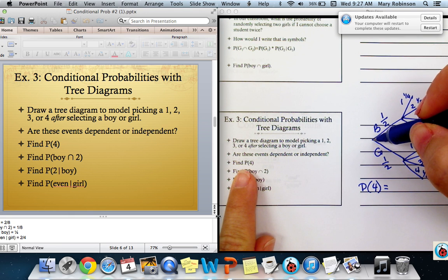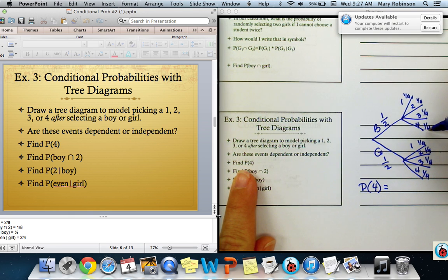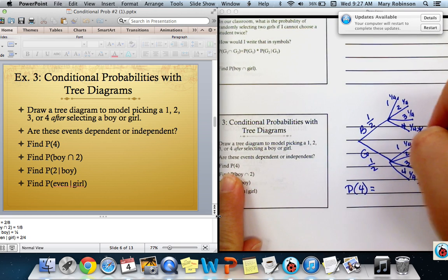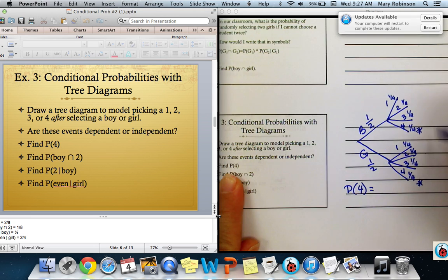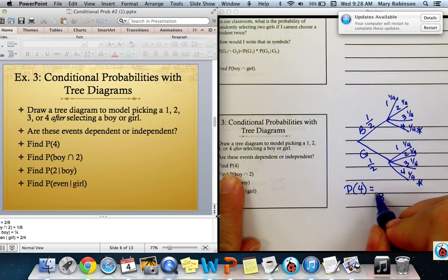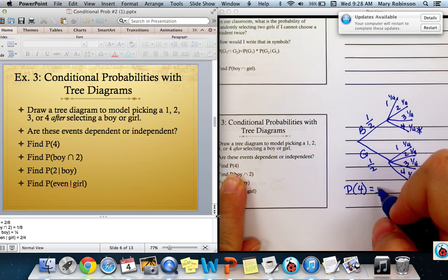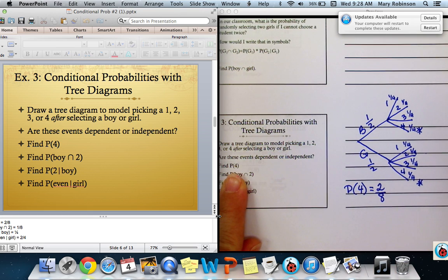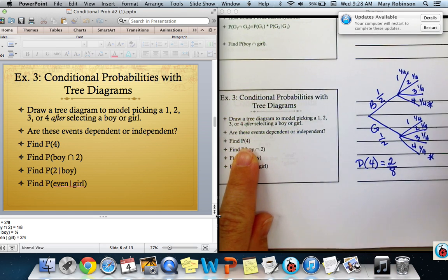If we go boy, then 4, that's one of them, and girl, then 4, that's a second. So I'm going to put a star here and a star here. There are 2 out of 8 possible outcomes, because we could have boy 1, boy 2, boy 3, boy 4, girl 1, girl 2, girl 3, girl 4. So out of 8 possible outcomes, there are 2 that end in 4. 2 ways we could choose 4: boy 4 and then girl 4.